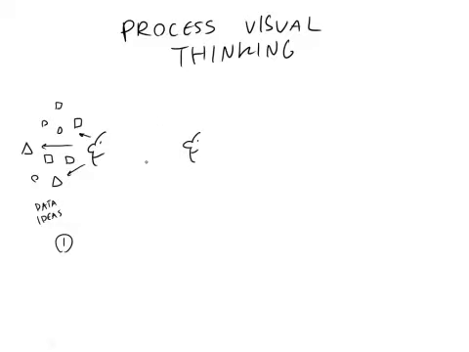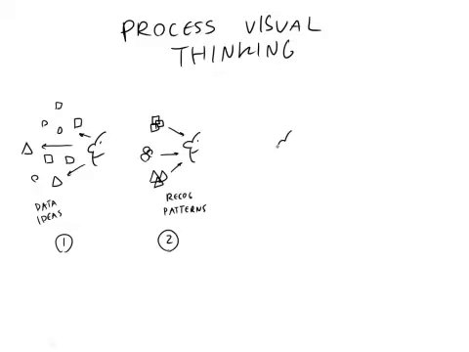Instead of just randomly looking out at things, we now start to see the patterns that exist among all of the things that we were looking at. And now we're beginning to recognize those patterns. We're starting to make sense of what it is that we saw.